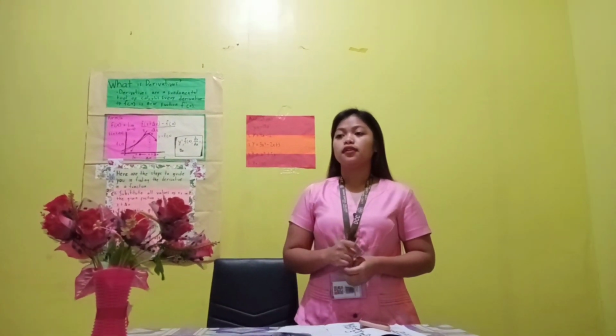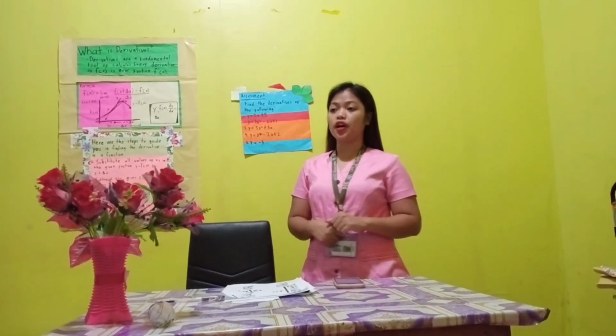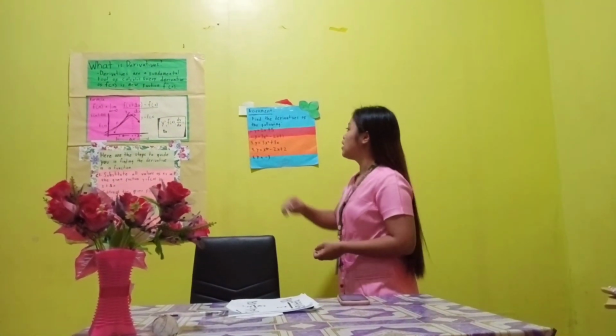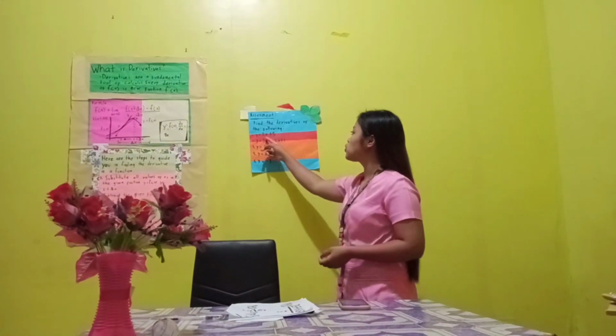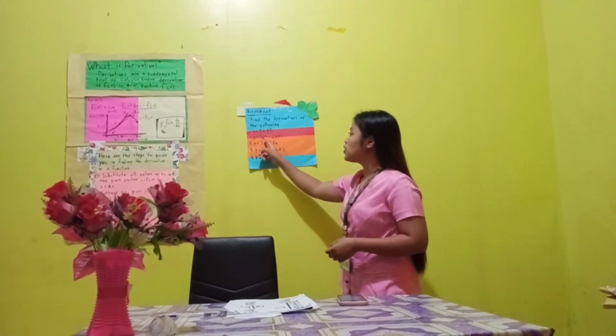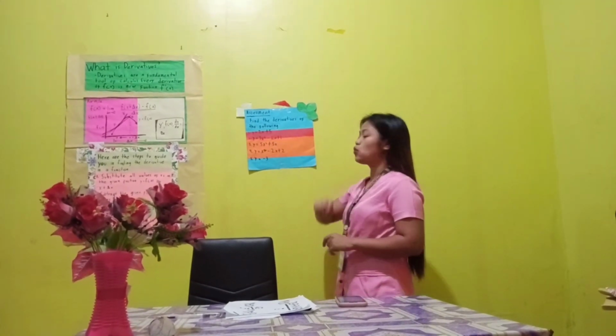Time's up. Okay, class, get 1/2 sheet of paper for the assessment. Find the derivatives of the following. I will give you 15 minutes to answer our assessment. Number 1, y equals 2x plus 5. Number 2, y equals 3x squared minus 2x plus 1.